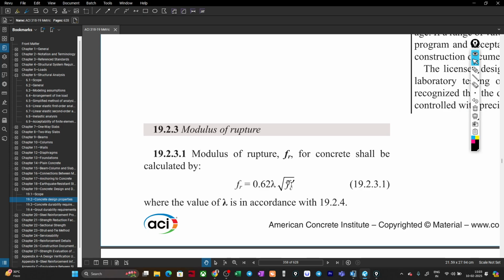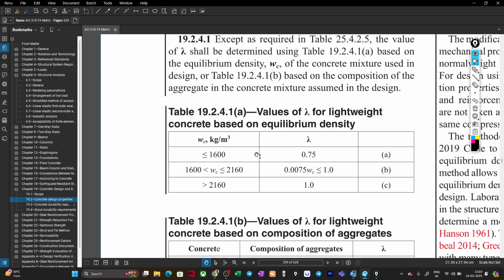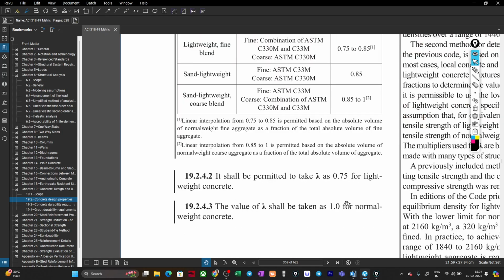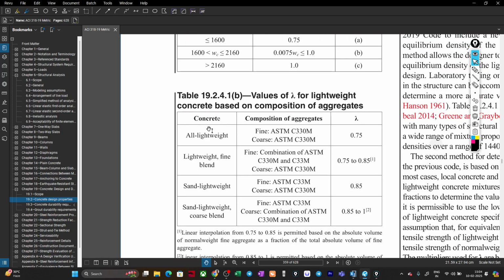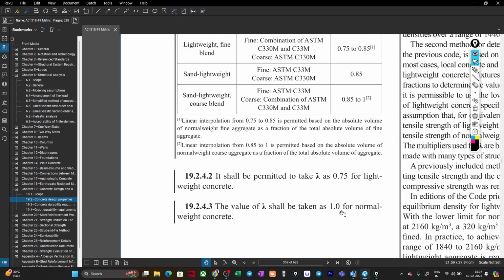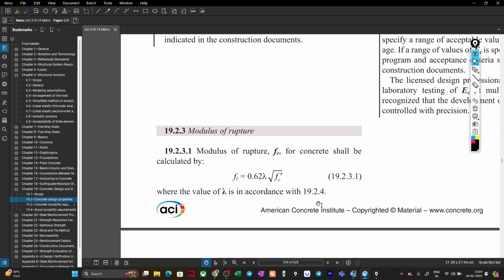Fc prime is the cylindrical strength of concrete, and lambda, for normal weight concrete, will be 1. If you have lightweight concrete, then you need to consider this particular table, but for normal weight concrete we can take lambda as 1. It's a modification factor. So in our case it will be 0.62 times root under Fc prime.